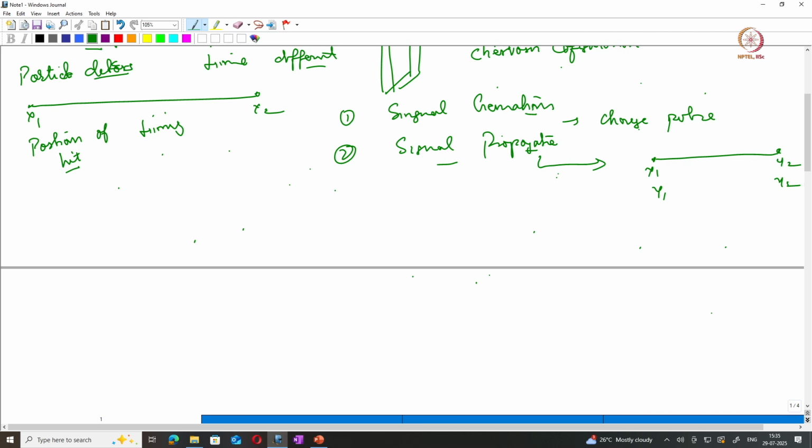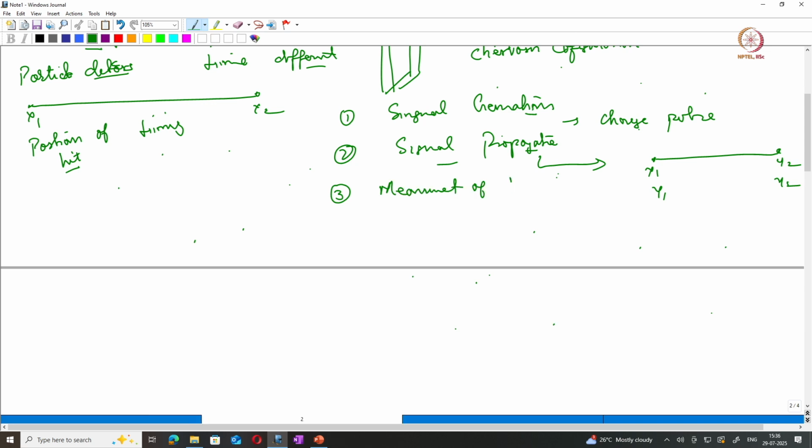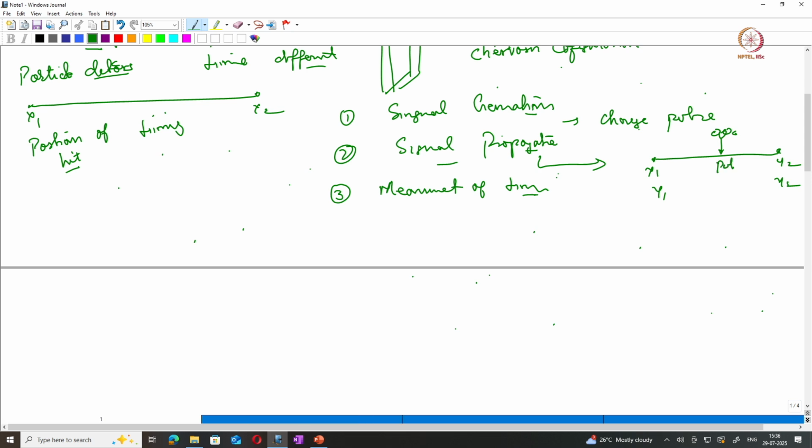Then the third function of this delay line detector is the measurement of time. As I told you, if an electron cloud hits the delay line detector, it generates a pulse, and this pulse travels towards x1 and y1, and the signals appear at different points on the delay line at different times.